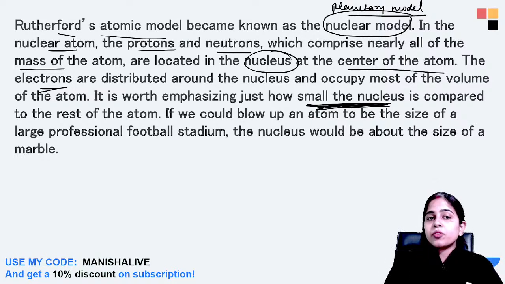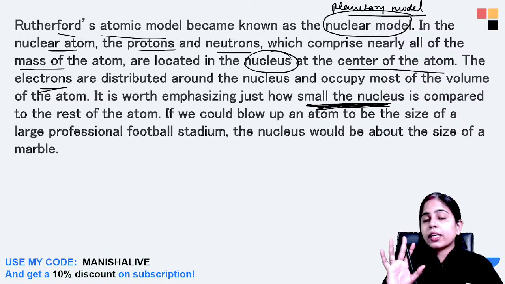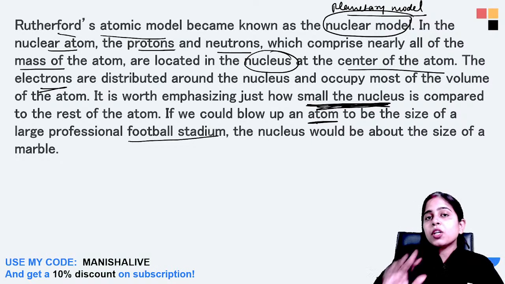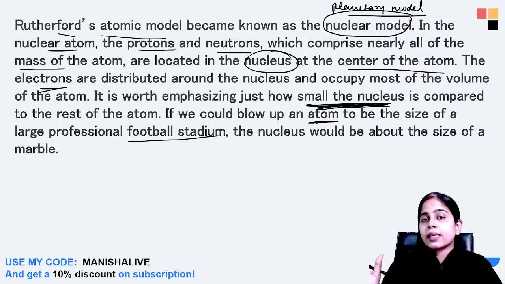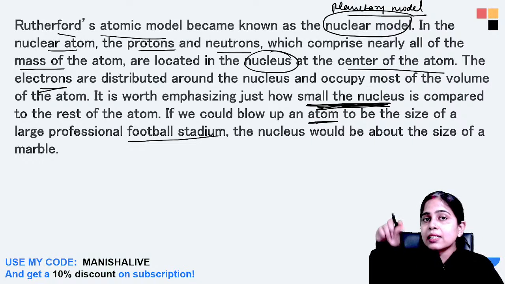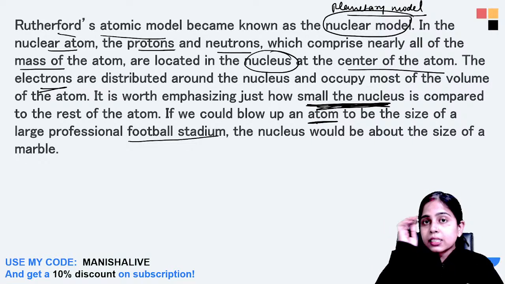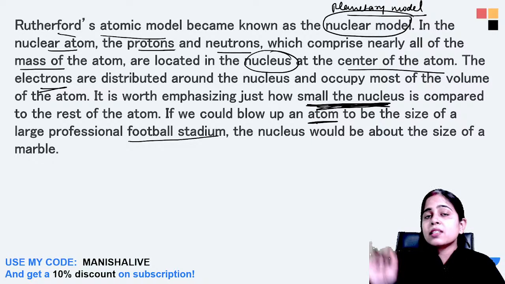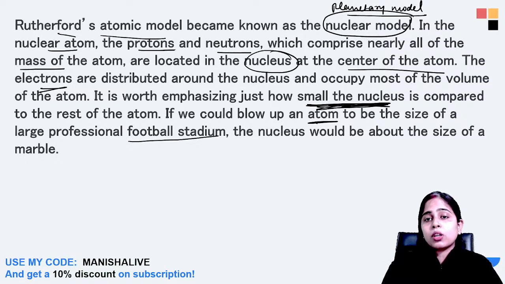Let's imagine the atom to be a professional football stadium. Then the nucleus will be about the size of a marble kept in the middle of the stadium. According to the size of the atom, the nucleus is very small. Clear everyone?